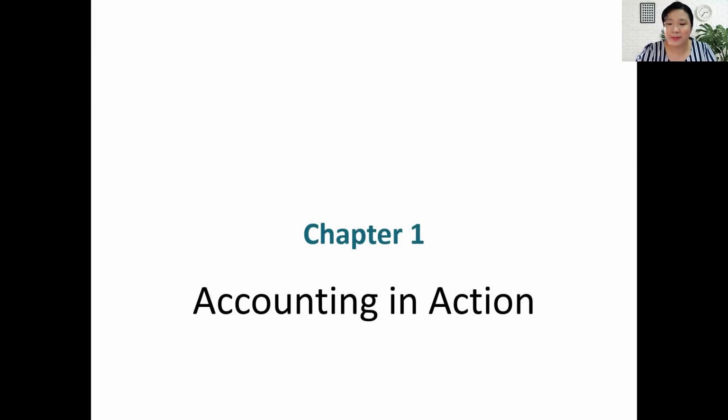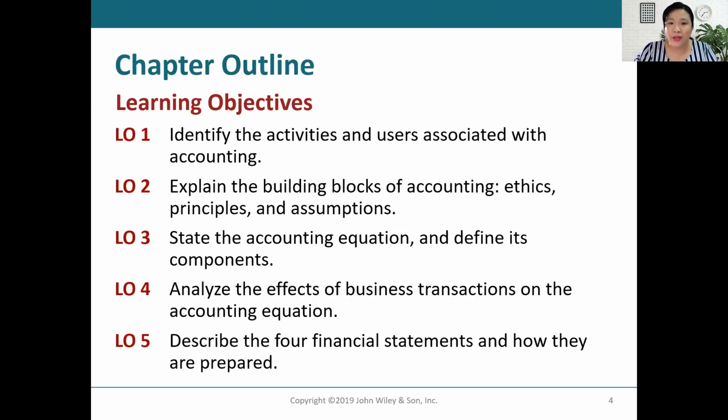Now, in this chapter, we're going to learn about these learning objectives. We're going to learn about identifying activities and users associated with accounting. Then we're going to learn about accounting principles and assumptions.